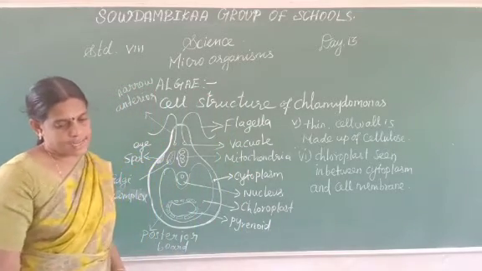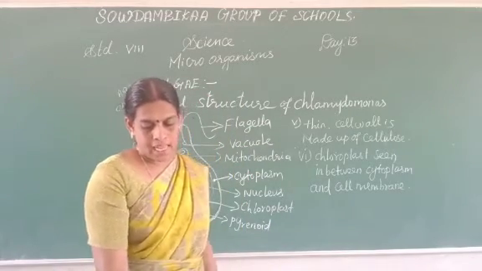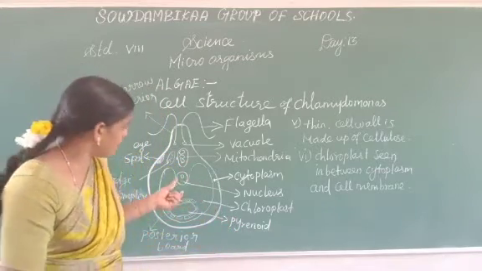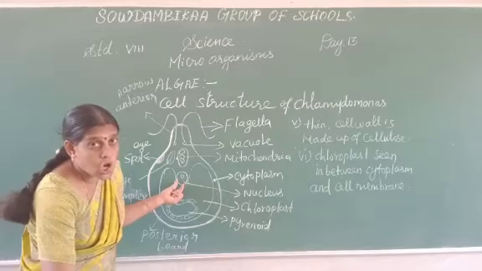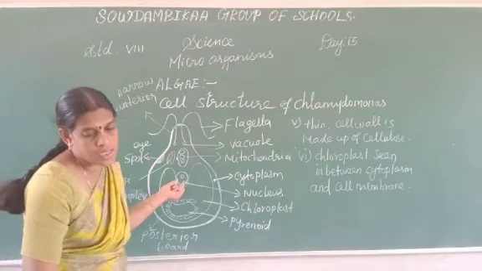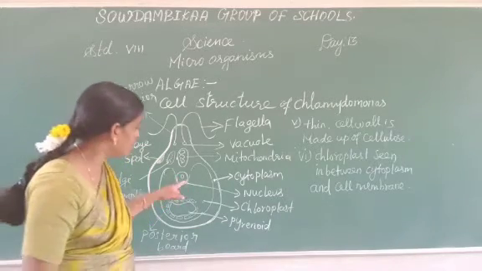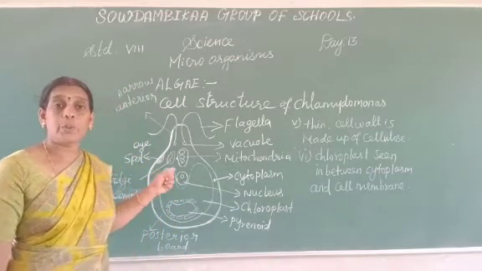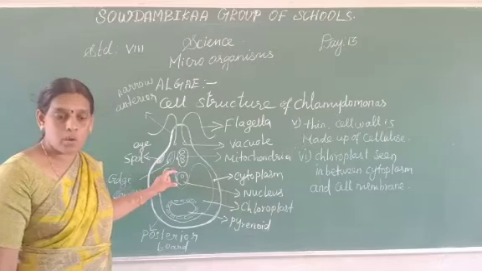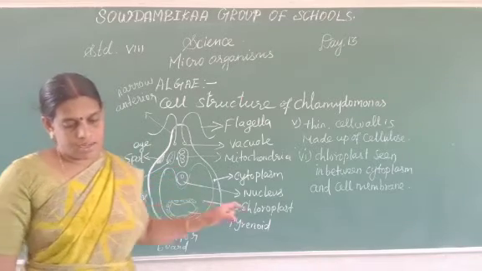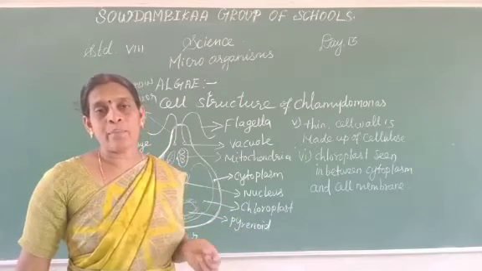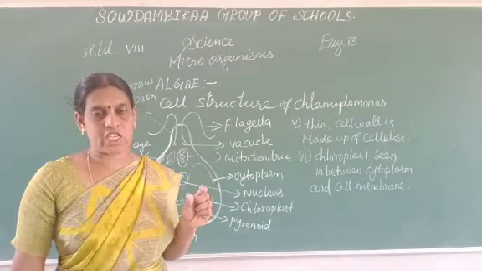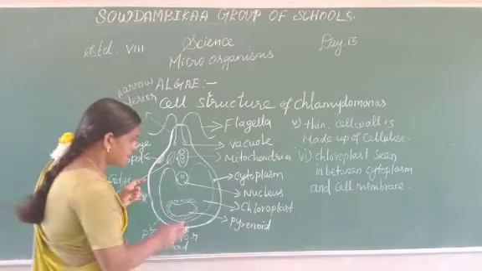Next point: the cell contains a large dark nucleus. Where is it found? Lying inside the cavity of the cup-shaped chloroplast. This is the chloroplast.